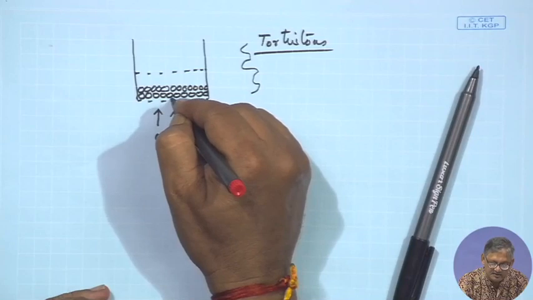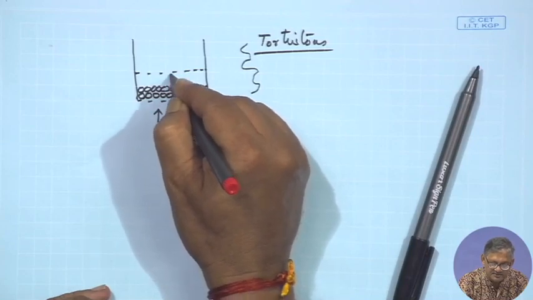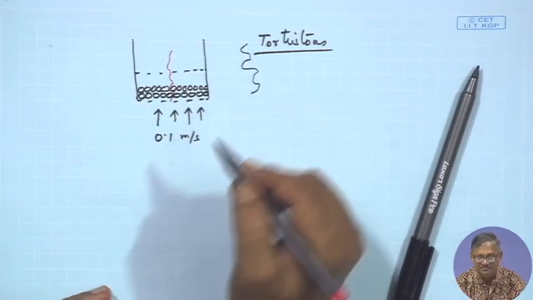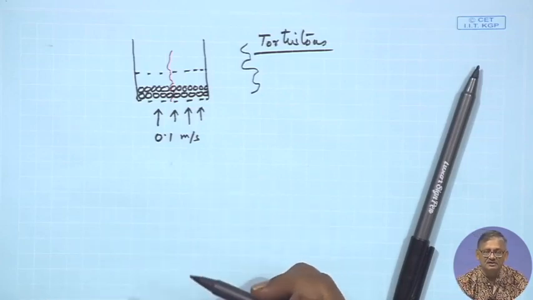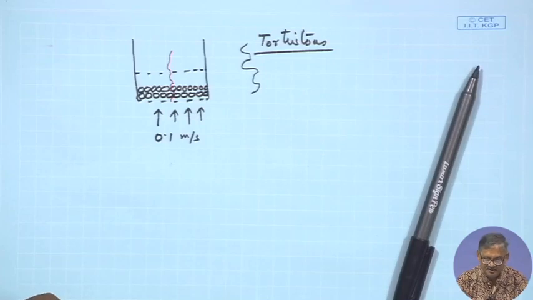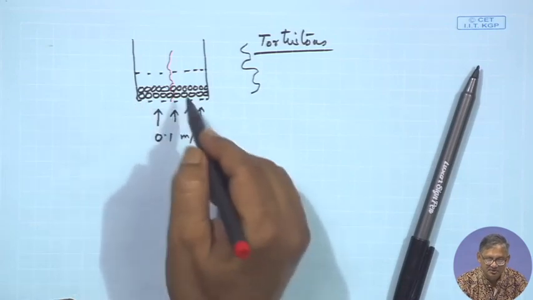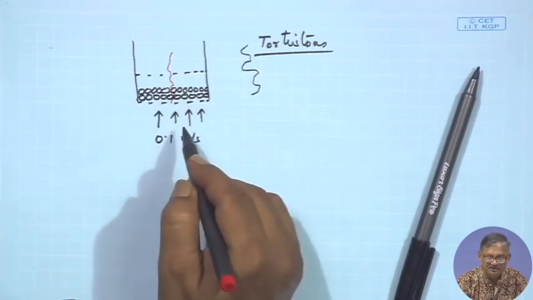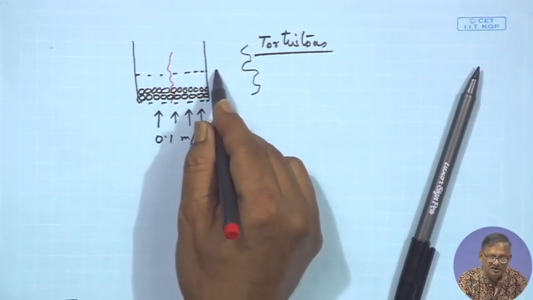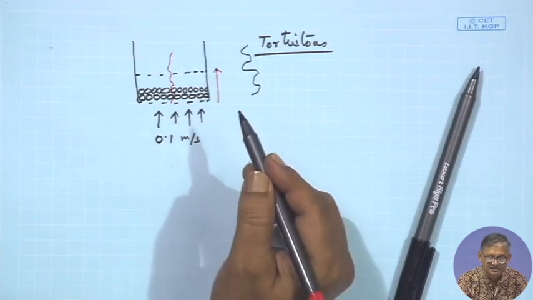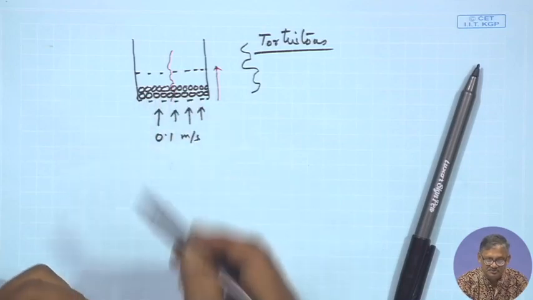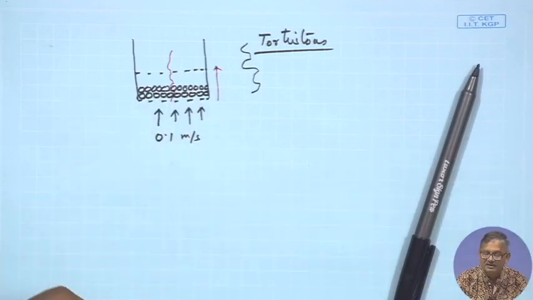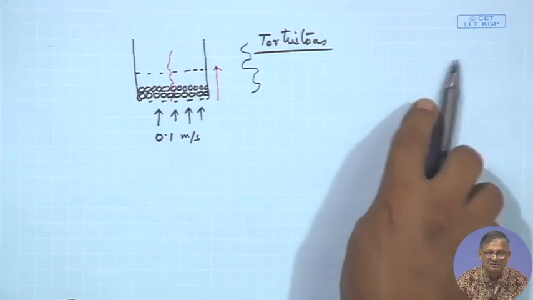Say gas is passing this way, this way, this way, and it will pass out. This is called tortuous motion or movement of the fluid. Otherwise, had there been no particles, the gas could have gone straight through, but it is not. It has to move through the space available when the velocity is low.